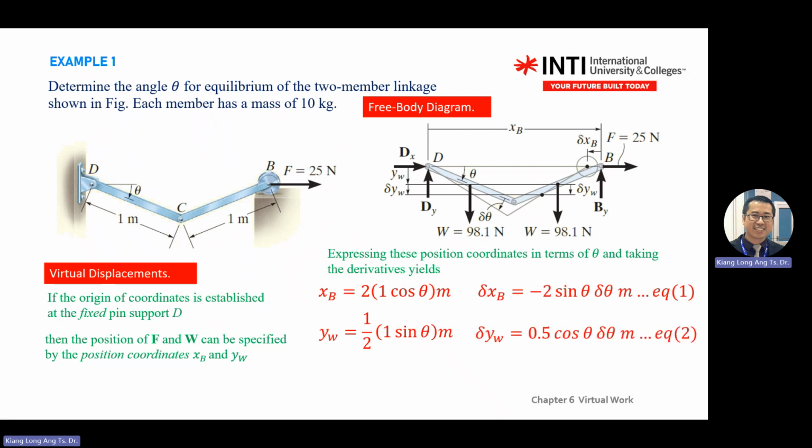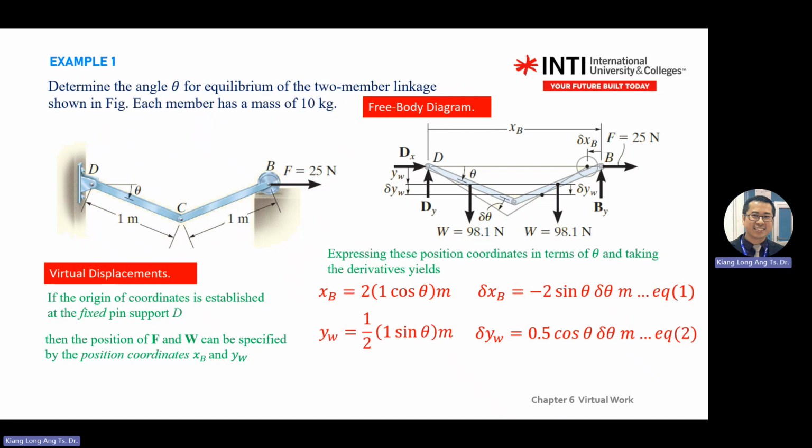Then you do differentiation. This one, xb equal to 2 cos theta. You write delta xb over delta theta. Okay, you do dy dx. If y equal to something, you do dy dx.